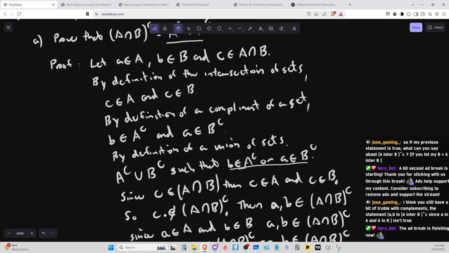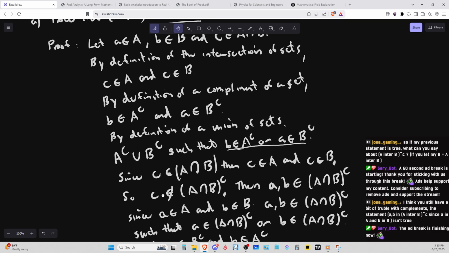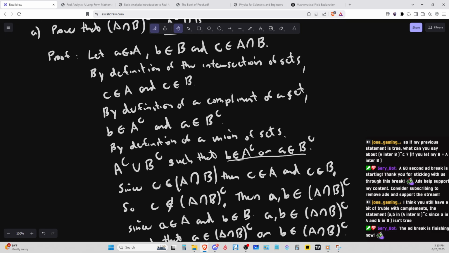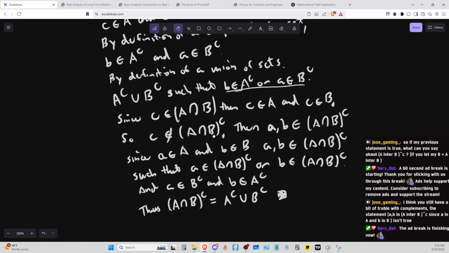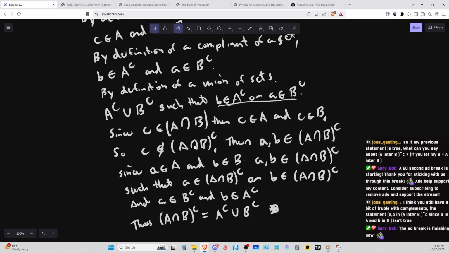Because based on what we wrote in the beginning, let A be an element of A, and let B be an element of B. The reason why I wrote this is because they are separate. Basically A and B are separate from each other in the intersection.